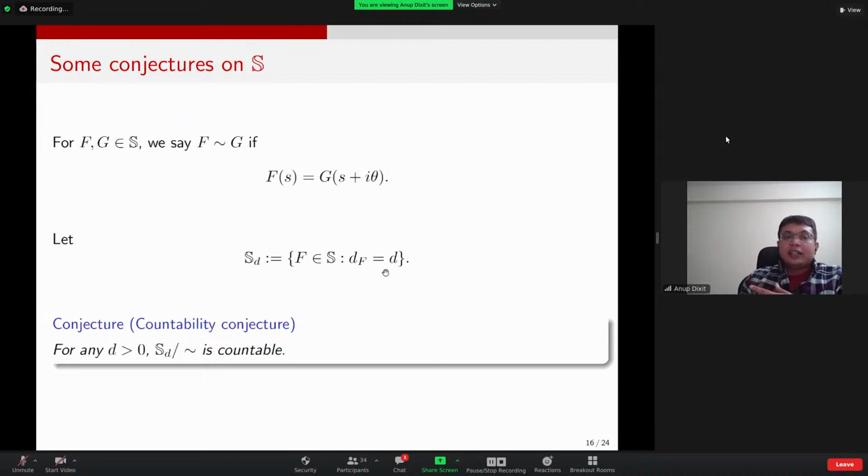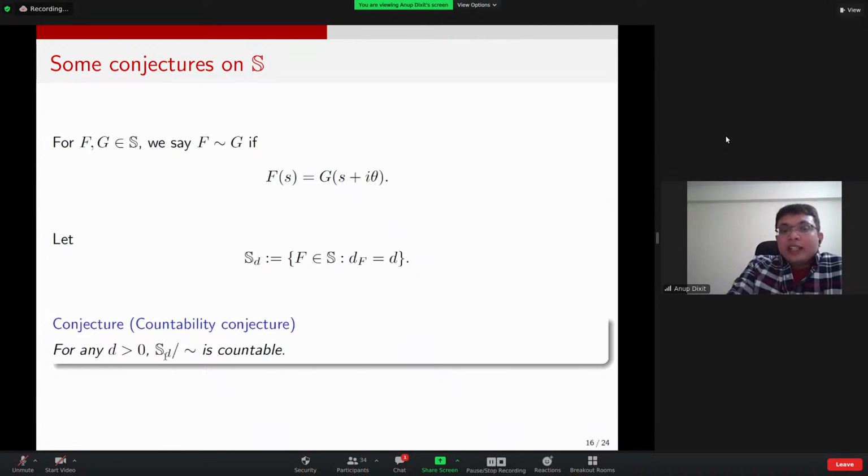It says that for any degree, up to this relation, the total number of elements is countable. So for d equal to 1, of course, we have the Riemann zeta function and Dirichlet L-functions, countable. The rest are the vertical shifts of Dirichlet functions. Yeah, so for higher degrees, this is still a conjecture, and we don't know this for any other function.